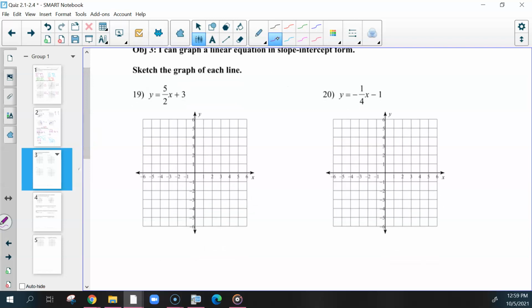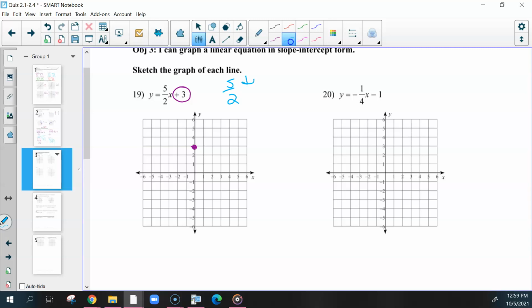Okay, for these, start at your y-intercept. Most of you, if you got these wrong, it is because you started on the x-axis instead of the y-axis, or you switched your slope. So don't do either of those things. Start at your y-intercept of 3, and then use your slope. This is a positive slope, so I could go up 5, but in this graph, I don't have space.